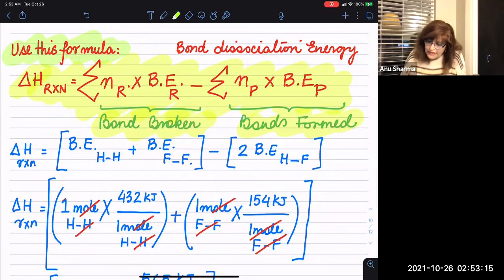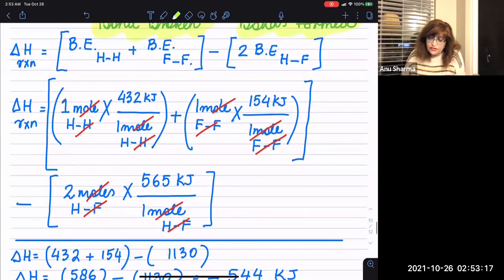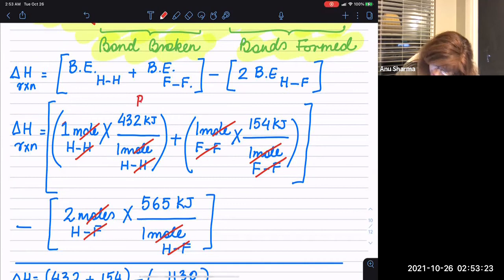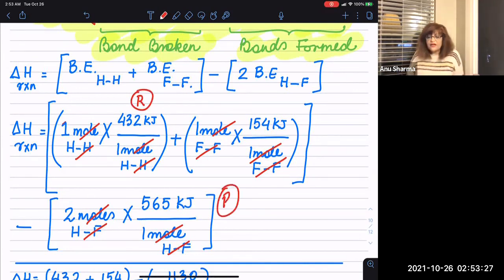So this is the reactant side, which you add, and this is the product side. You subtract 2 moles times 565 kilojoules per mole.